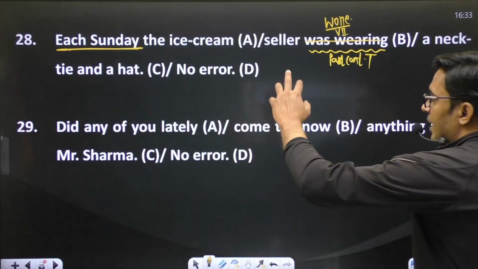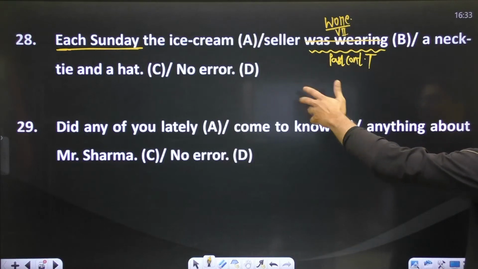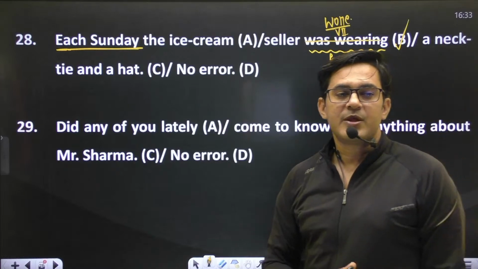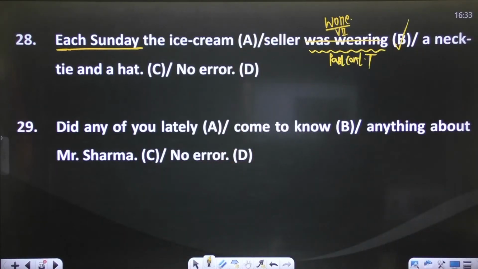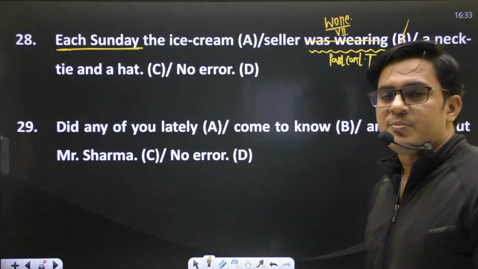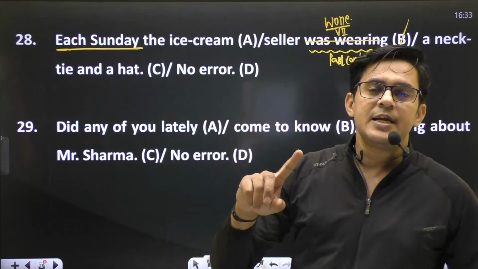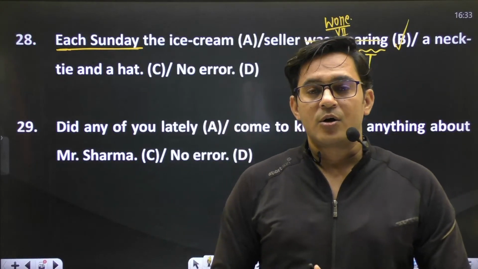The second form, wore, will be there. Sentence will be like, each Sunday the ice cream seller wore a necktie and a hat. And error will be in part B. So what are the words which demand indefinite? These are the words like daily, always, usually, generally, frequently, or occasionally.